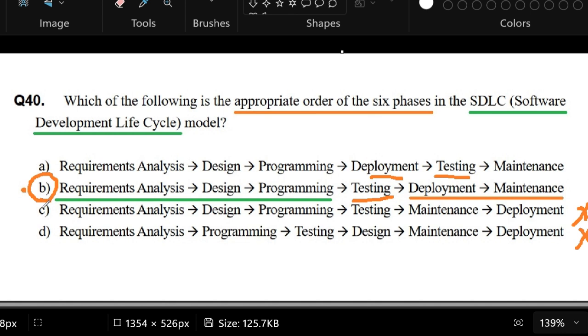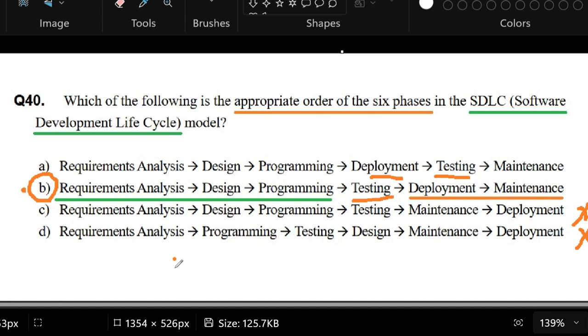Now, I think that maybe there are people who would be confused with whether the first part here, requirements analysis, design, programming, is the correct sequence, or is it something like programming, testing, and design.